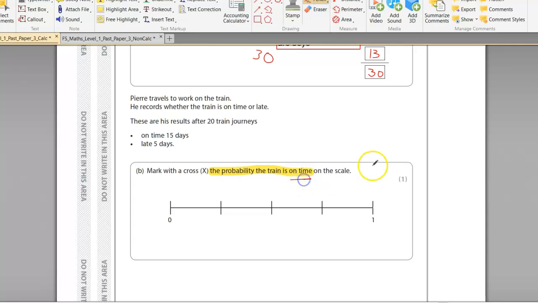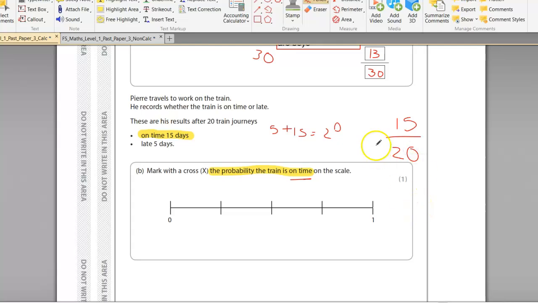Okay, so the chances the train was on time. The train was on time 15 days, and 5 plus 15 is 20, or we get told in the question it is 20 days in total anyway. So on 15 days out of the 20, the train was on time.